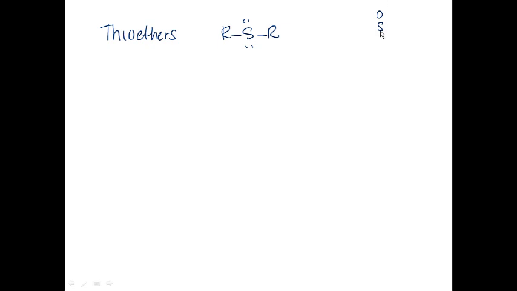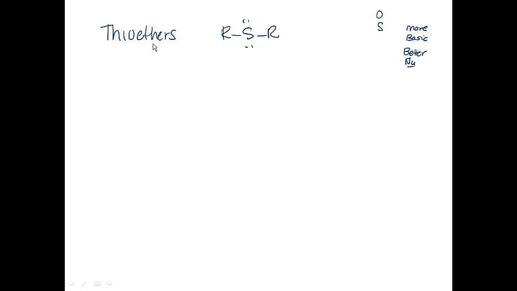Sulfur's below oxygen on the periodic table, which means sulfur is more basic, and because of polarizability, it's a better nucleophile. So thioethers will have slightly different chemical properties than ethers, simply because of the sulfur being more basic and a better nucleophile. And there's one other thing, because the sulfur can form an expanded octet, we'll be able to oxidize that sulfur as well.